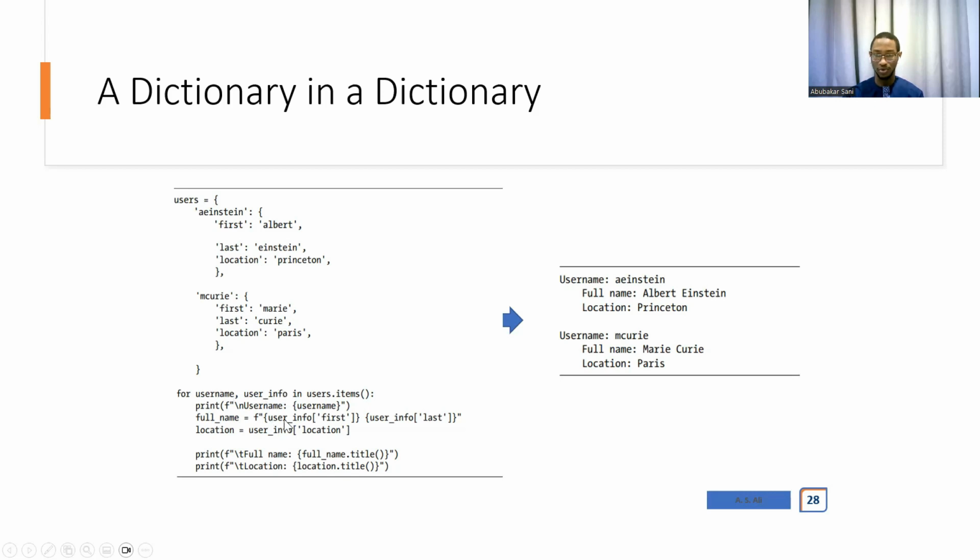So here, with the user info, we can use some of the keys of that user info dictionary to get additional items like this. For example, we got a formatted full name and the location. To get the formatted full name, we have the first and the last put together, separated by a space. You can also use dot title to make it into title case, which is what you saw here. You can print the location afterwards.